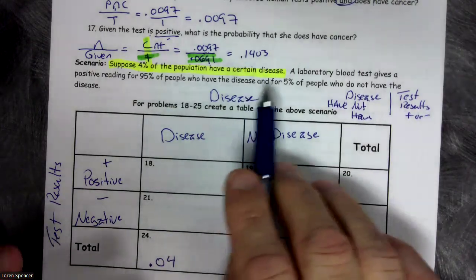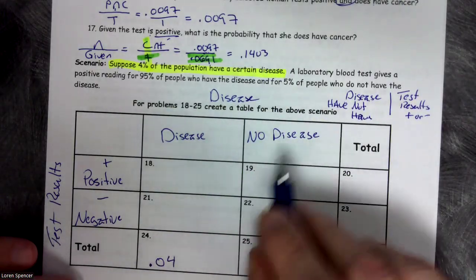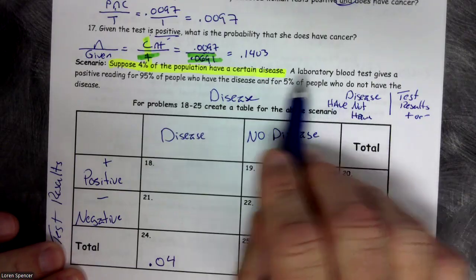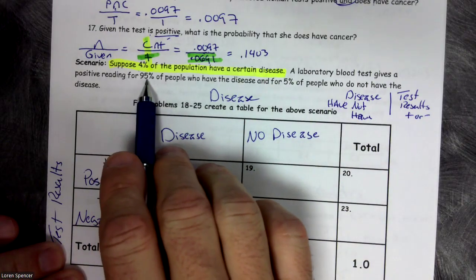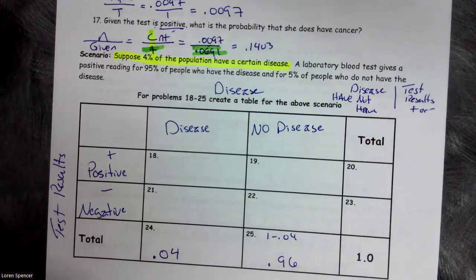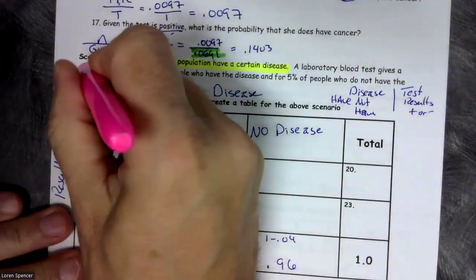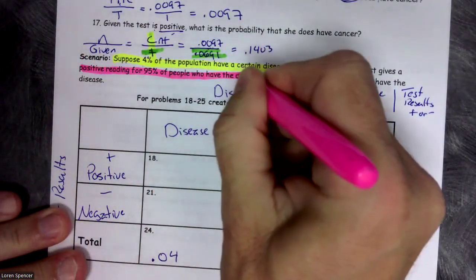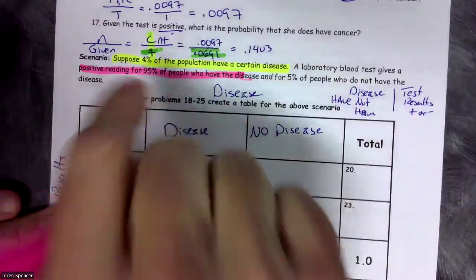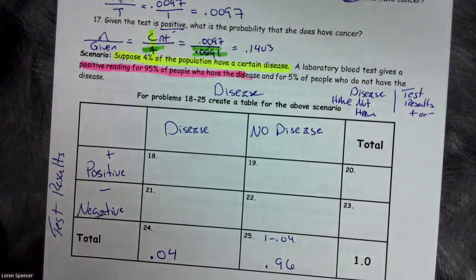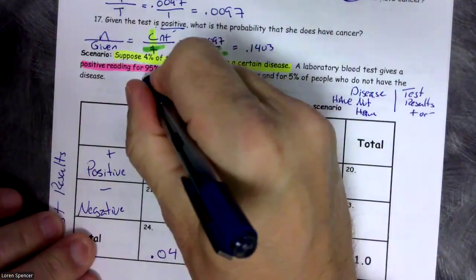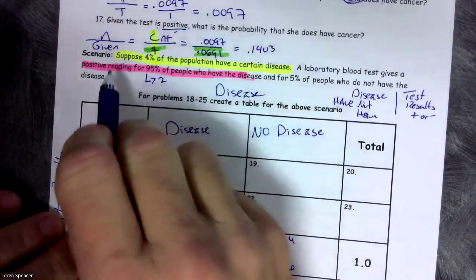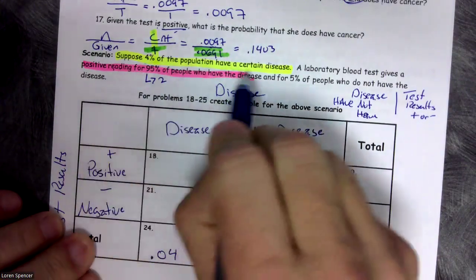That's associated with two variables because positive is test result, have disease is disease status. And 5% of the people who do not have the disease, it's a positive reading for 5% who do not have the disease. So once again, two variables. And we only want the one with one, which is this one.